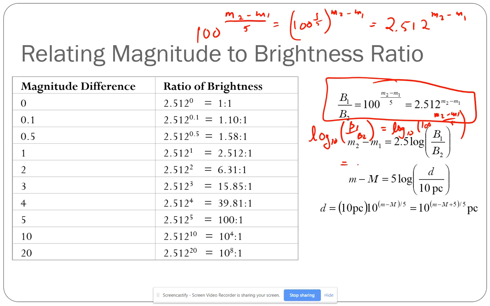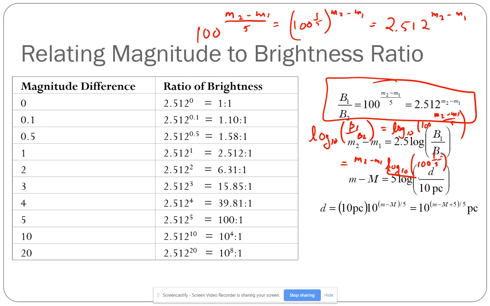And that's equal to a rule of logarithms that you may or may not know: bring down the exponent, m2 minus m1. That's one way of writing it.